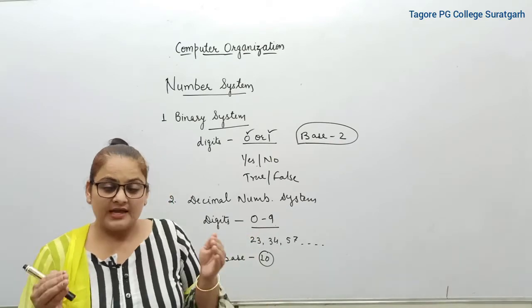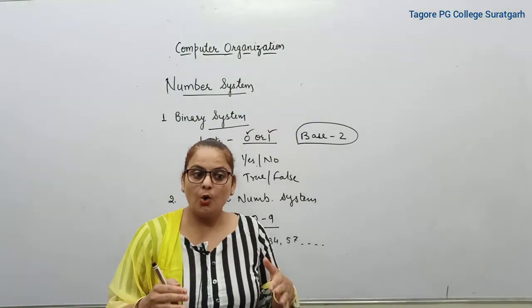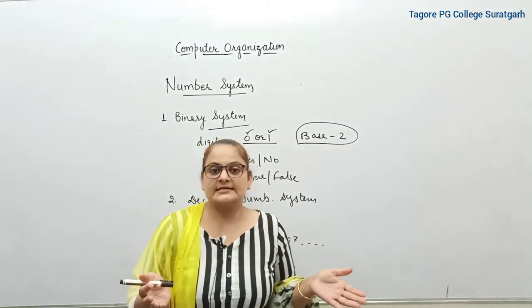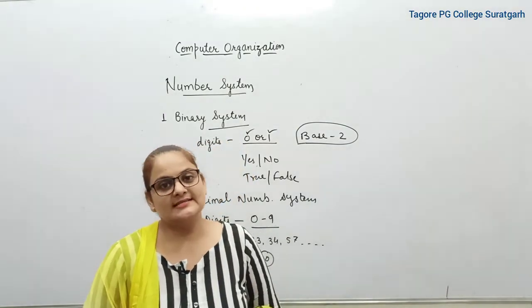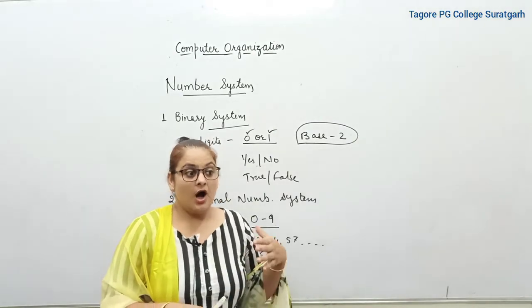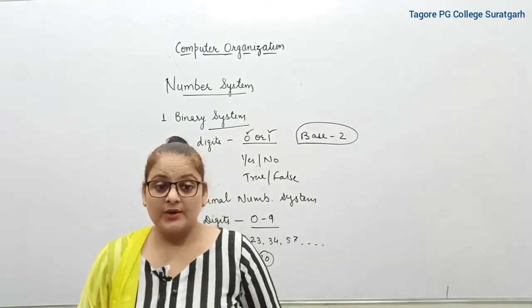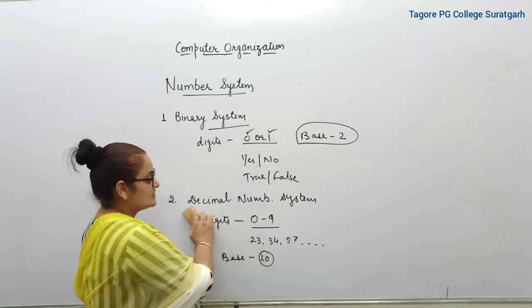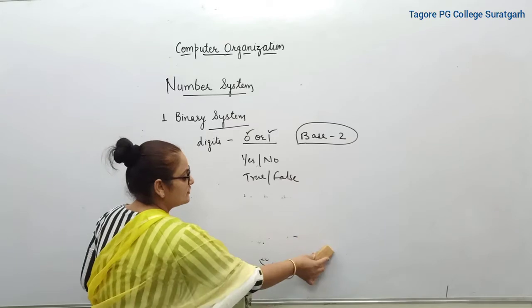But here there is the question of how the computer will understand our language. As I have stated earlier, the computer does not understand our language. So how will it convert our language to its language and its own language to ours? Let us see with some conversions.